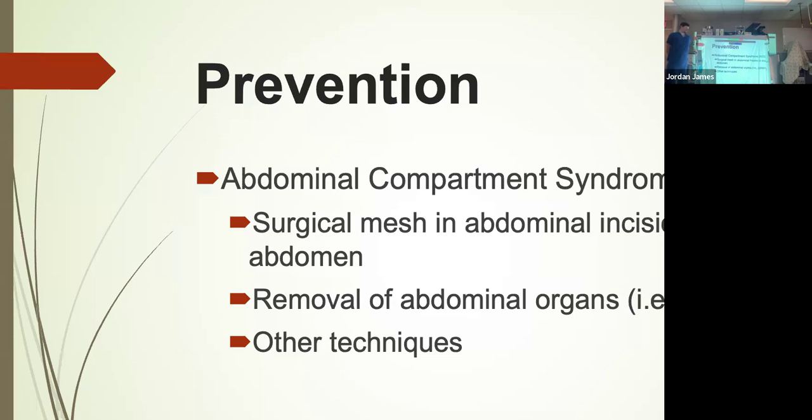When we're talking about prevention of very specific complications, these are ones that can happen in more chronic cases, where dogs can develop what's called abdominal compartment syndrome. Sometimes to try to prevent that compartment syndrome, which again, we'll talk a little bit about, we can incorporate mesh in our closure. You can sometimes remove abdominal organs that don't need to be there anymore, which sounds kind of unnecessary to an extent, but if we want to increase that space and not create that extra pressure, things like the spleen don't necessarily have to be there.